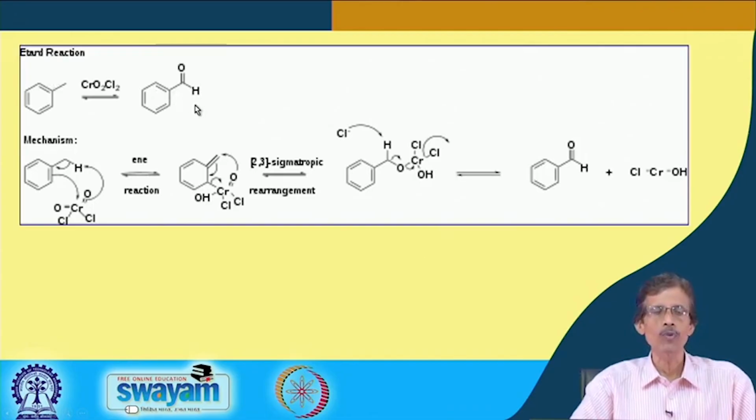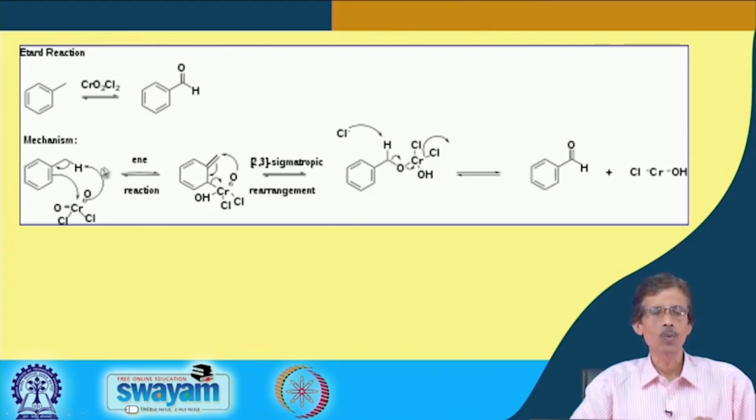Because we are simply looking for a carbon oxygen double bond for aldehyde formation, and sometimes for ketone formation. Wherever we go for aldehyde or ketone formation, we need the corresponding carbon oxygen double bond.